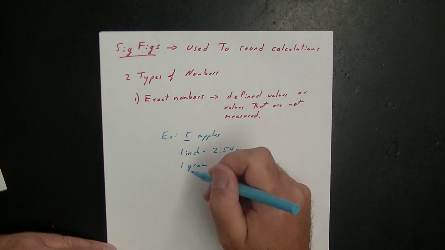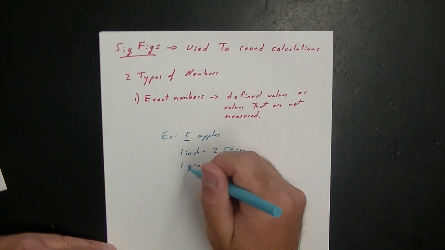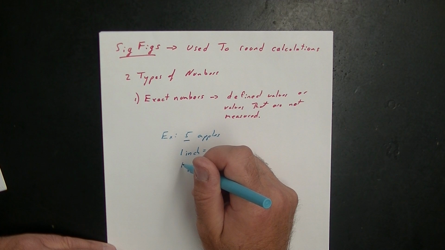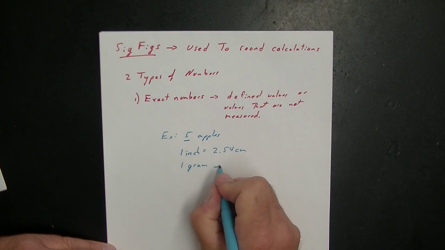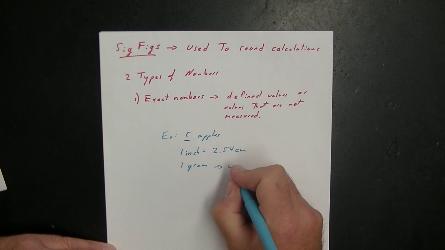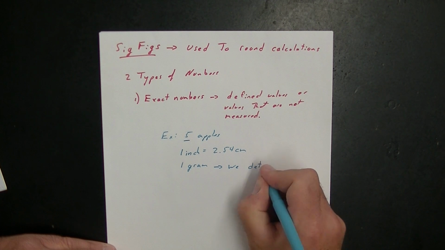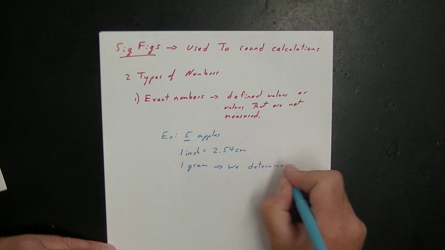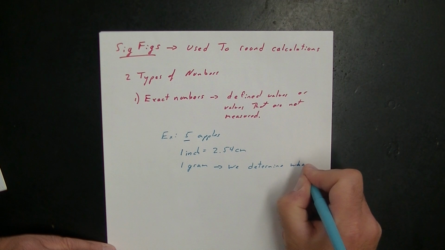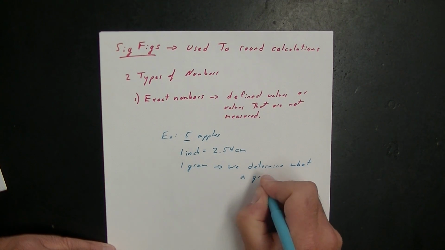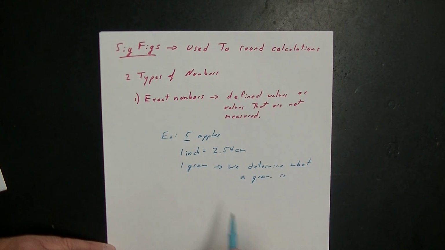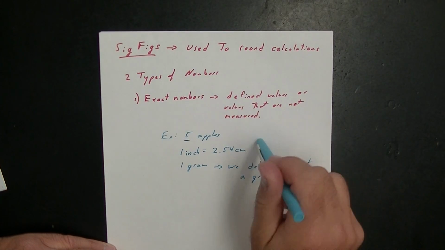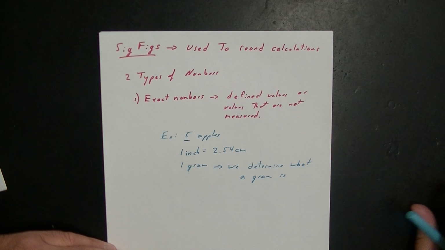We define what a gram is. So that would be another example of an exact number. So we determine what a gram is. So these are exact numbers. These don't play much role in significant figures.